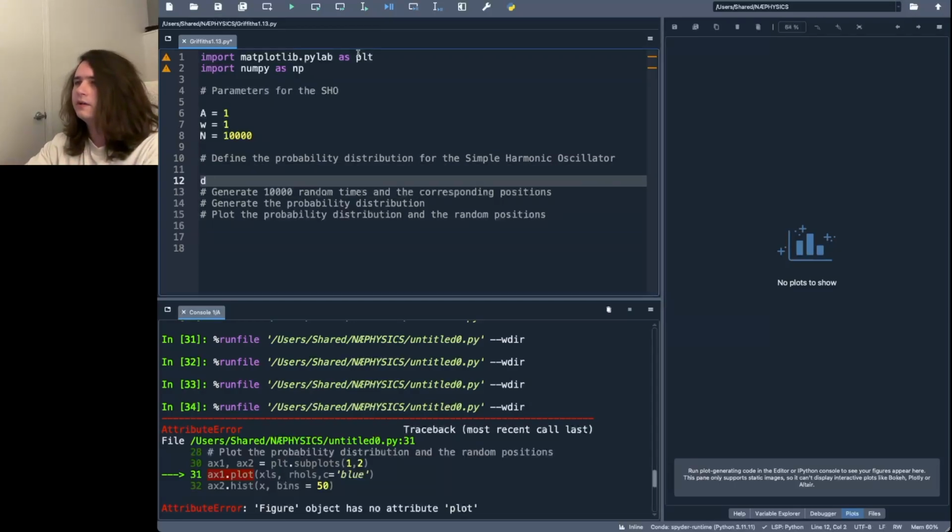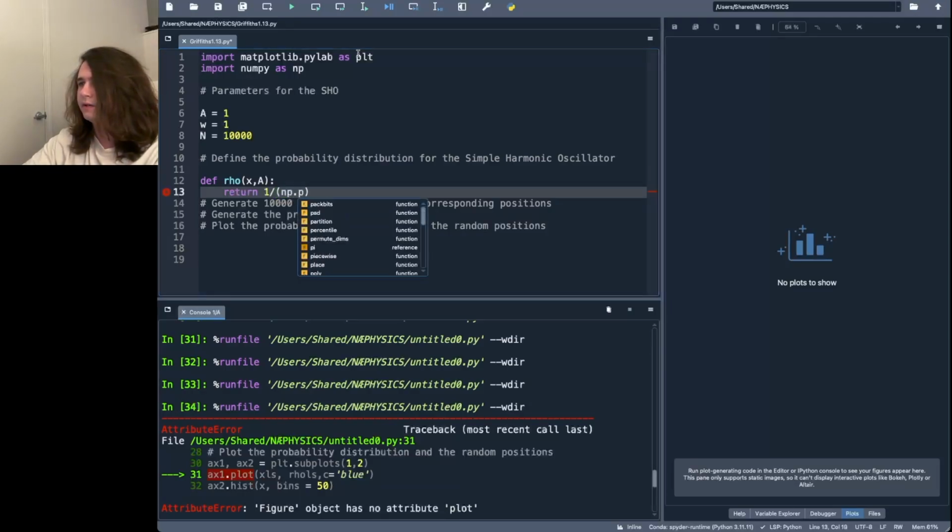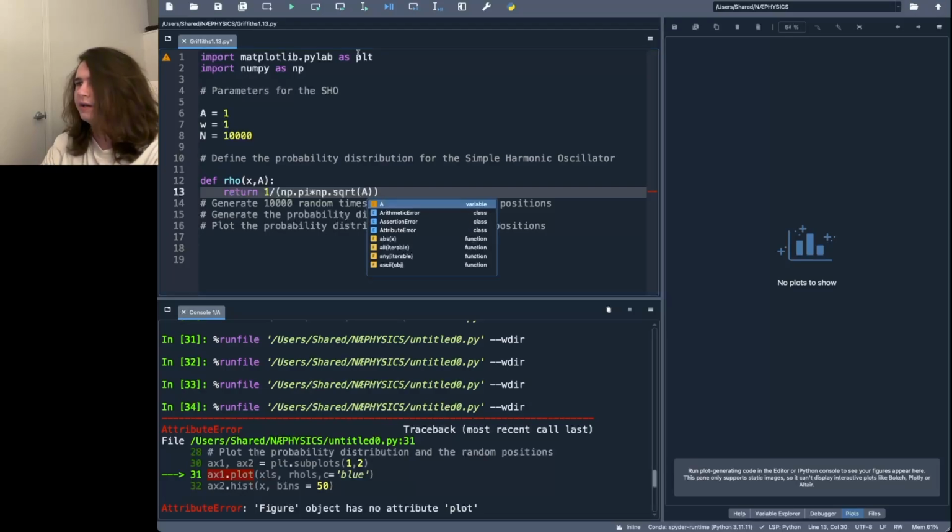Alright, now we need to get our probability distribution in here. So let's define rho of x and a as returning 1 over np.pi times np.sqrt of a squared minus x squared.